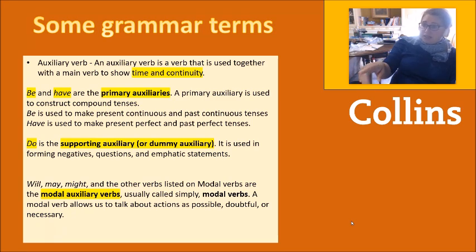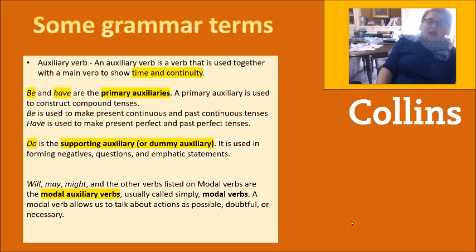I have taken this definition from the Collins Cobuild web page. Collins Cobuild is a dictionary and the publishing house has written many grammars, and so I trust them definitely.